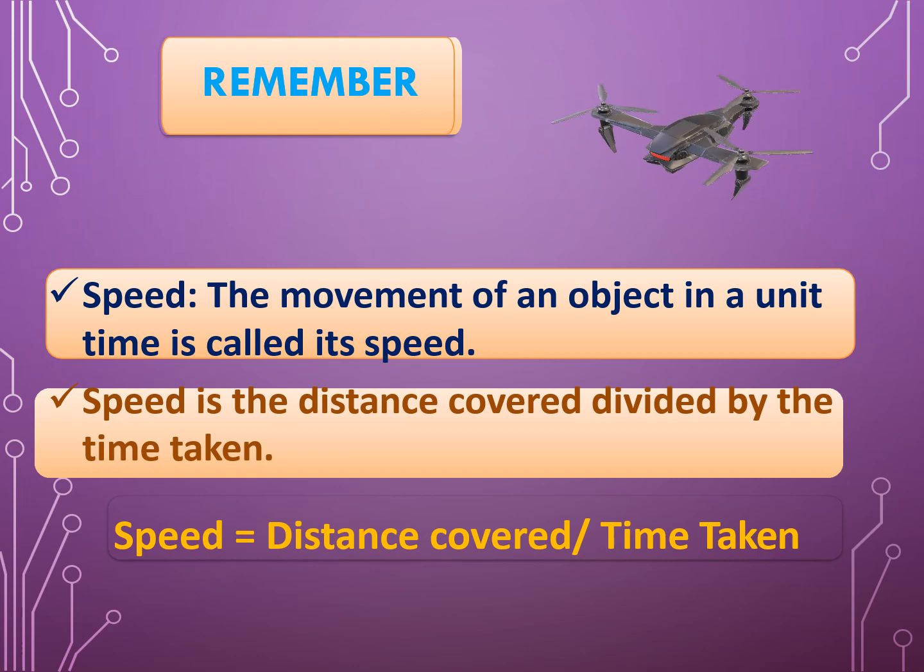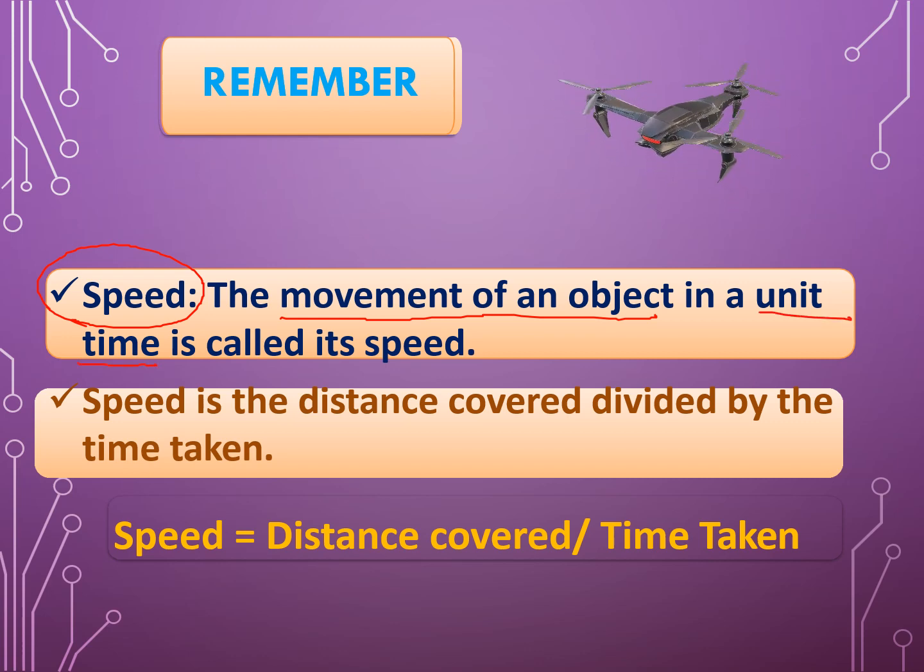Now you should remember a few aspects. Number one is speed. Here we clearly mention that the movement of an object in a unit time is called its speed. We will give you the formula in other videos, not in this particular video.